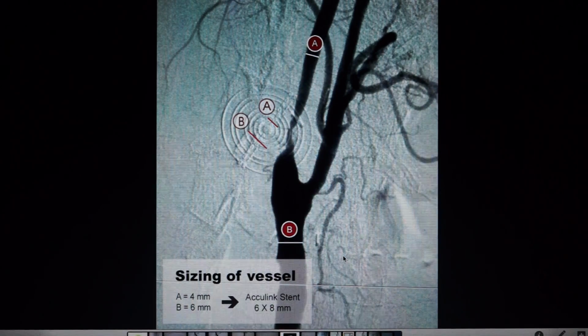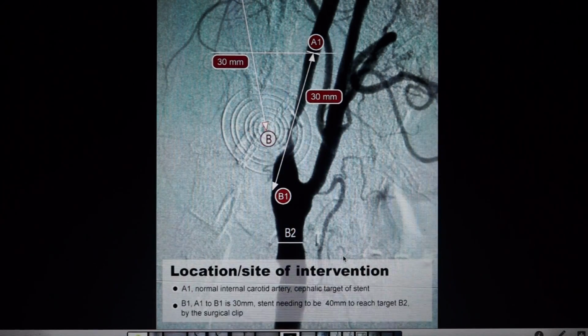So the 6x8 stent was picked. The length is measured from the 5 mm dot to the 2 mm dot, which is 30 mm. And you know by visualizing it that this will require more than a 30 mm stent. This is pretty intuitive. And in this case, a 6x8x40 stent was picked and deployed.